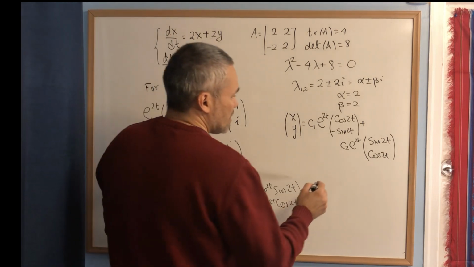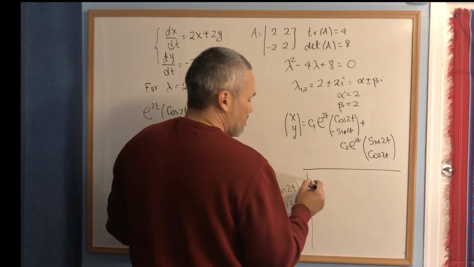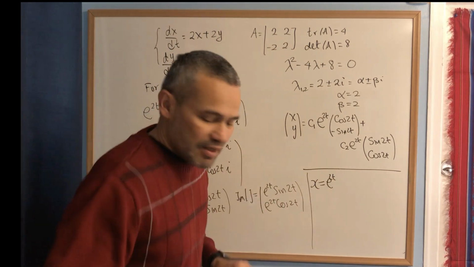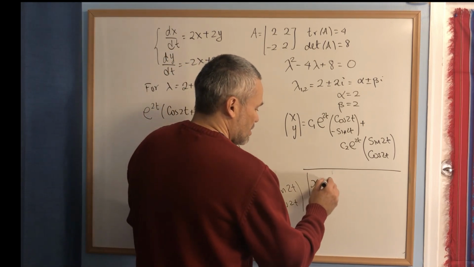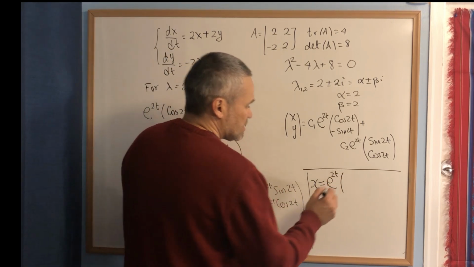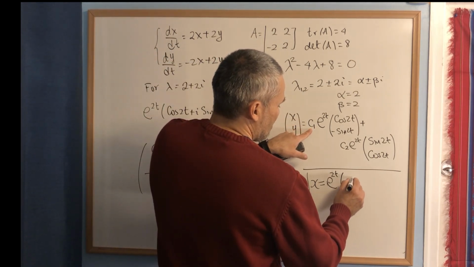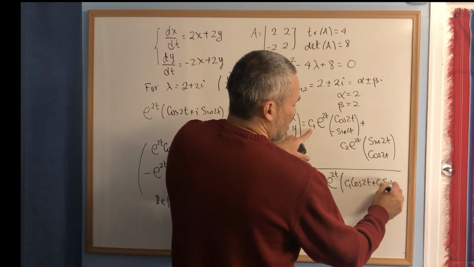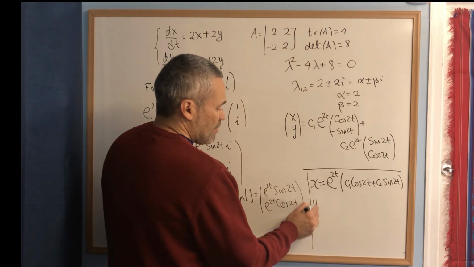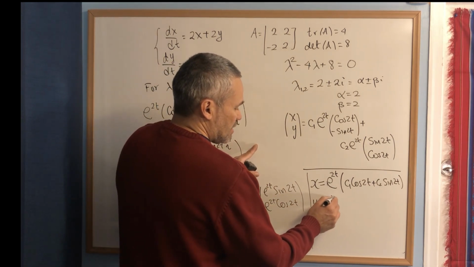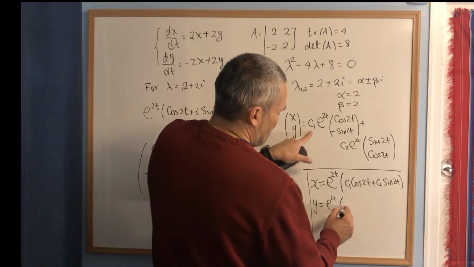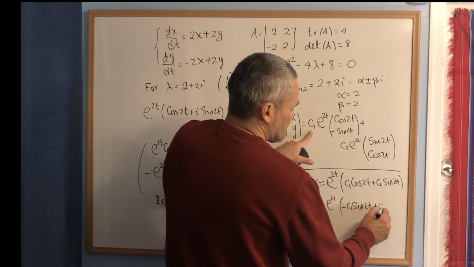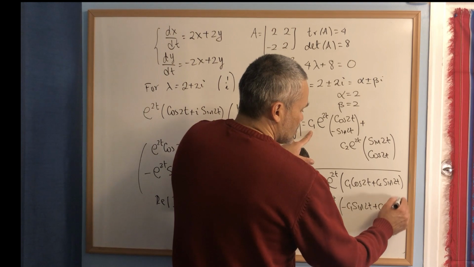Then the solution, if you want to write it separately, is x equals e to the 2t times c1 cosine of 2t plus c2 sine of 2t, and y is e to the 2t times negative c1 sine of 2t plus c2 cosine of 2t.